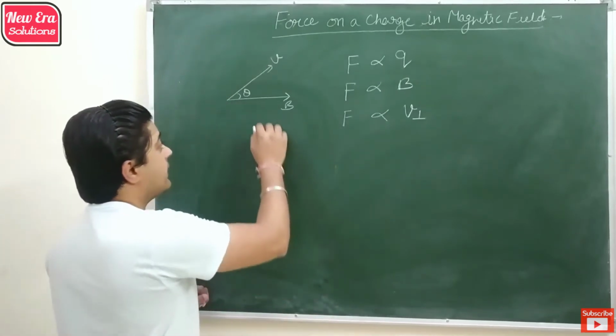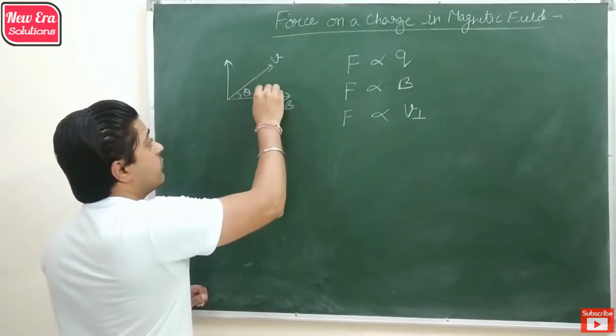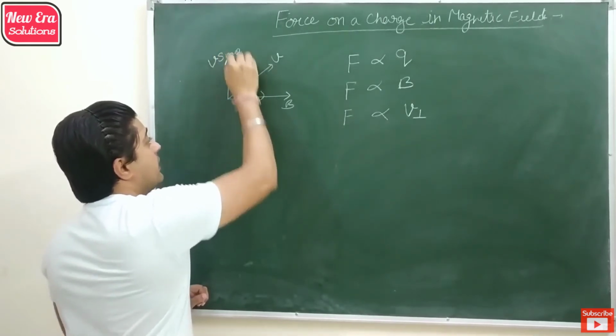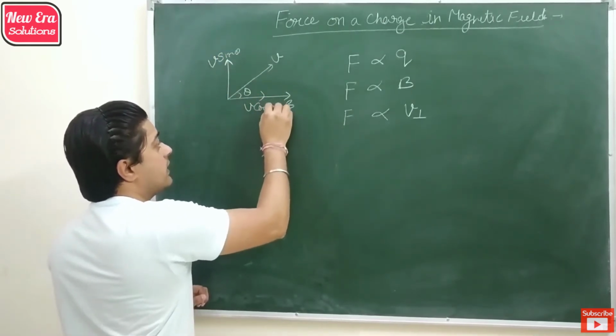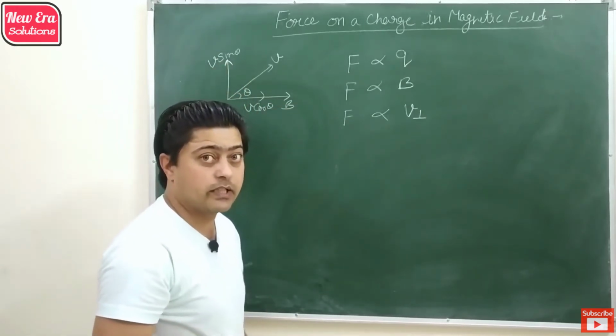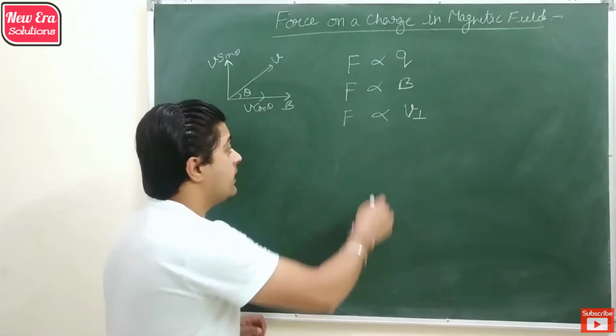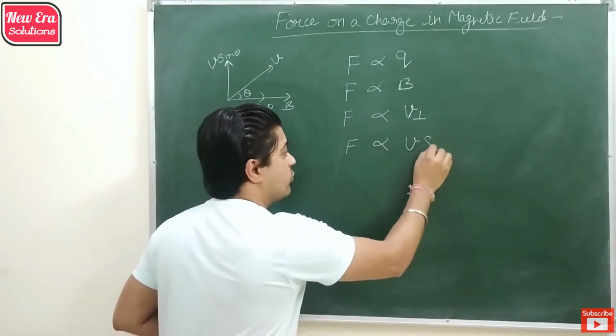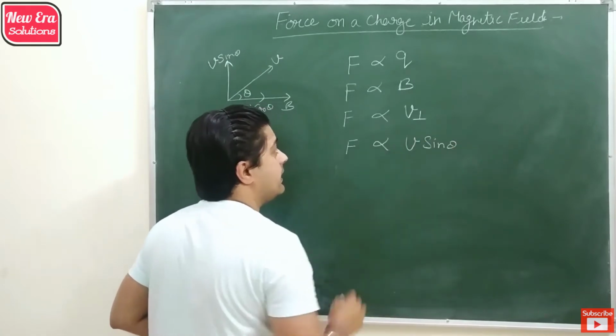In our case there are two components of velocity, v sin theta and v cos theta. Only the component v sin theta is perpendicular to the magnetic field, so the force is directly proportional to v sin theta.